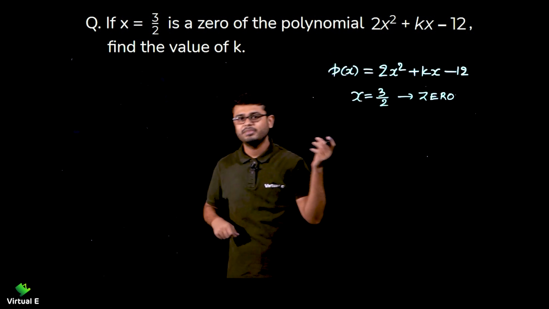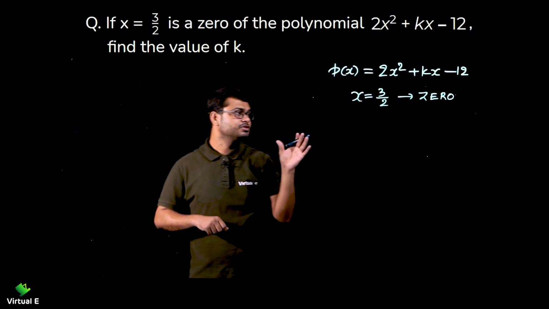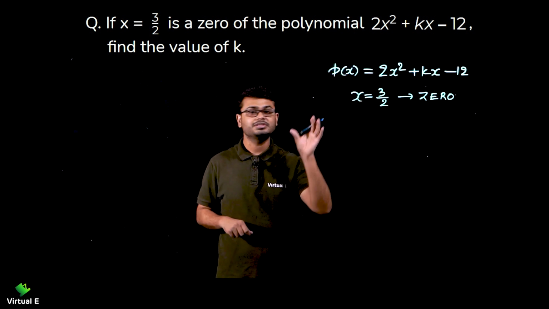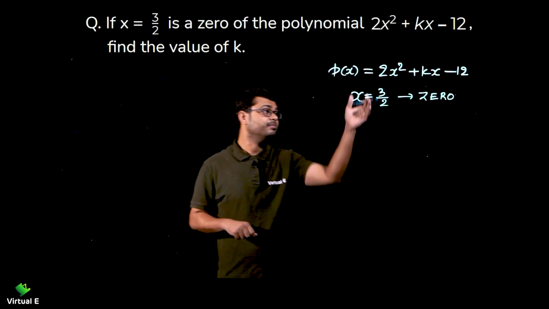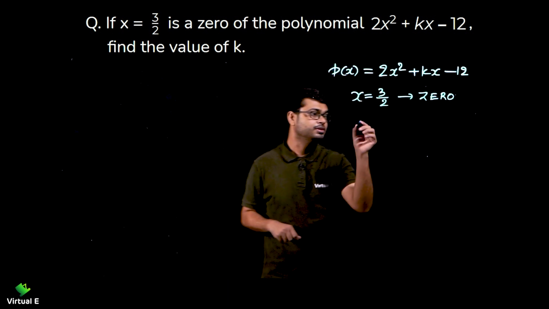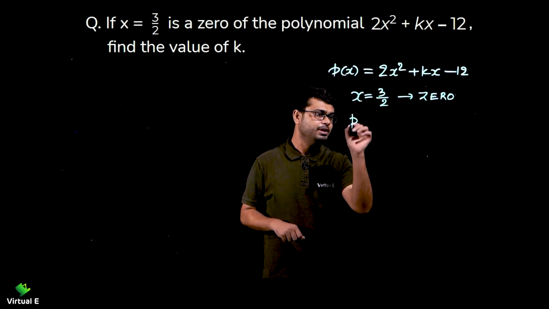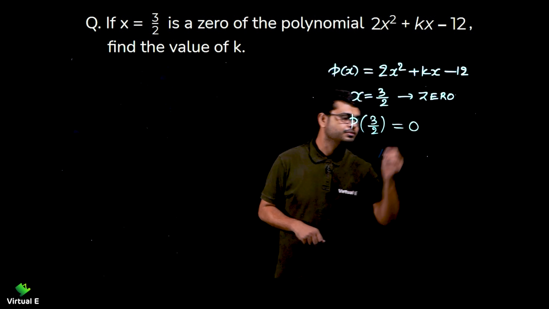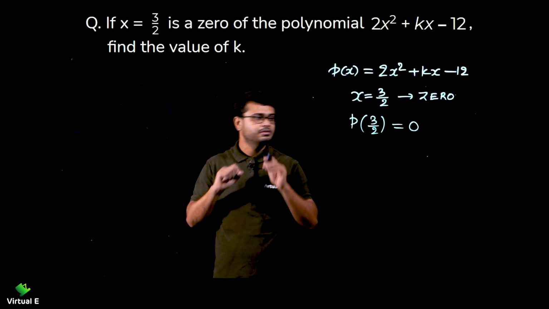So what does it mean? Very interesting. If we substitute x is equal to 3 by 2, the answer of p(3 by 2) will be what? 0. So p(3 by 2) is equal to 0. Very simple.